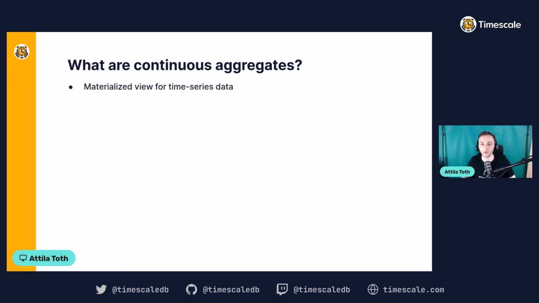And the main difference between continuous aggregates and materialized views is that with materialized views, when you update the view, maybe you just want to update a small portion of the data, maybe just the last week of data, or the last day or hour of data. You still need to basically recreate the whole materialized view from scratch, which can take a lot of resources.